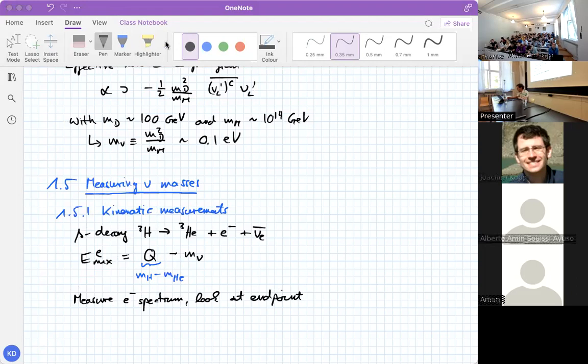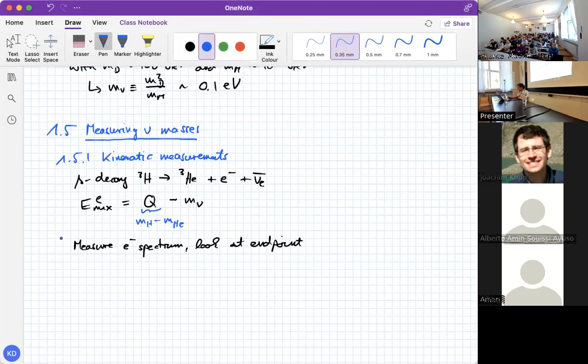The leading experiment at the moment in this field is the KATRIN experiment in Karlsruhe. If I still have time, I can show you some pictures of KATRIN. And in the future, there are ideas to do this even more precisely with a technique called Project 8. I don't know why Project 8. I don't know what projects 1 through 7 were about. But let me first also mention neutrinoless double beta decay.